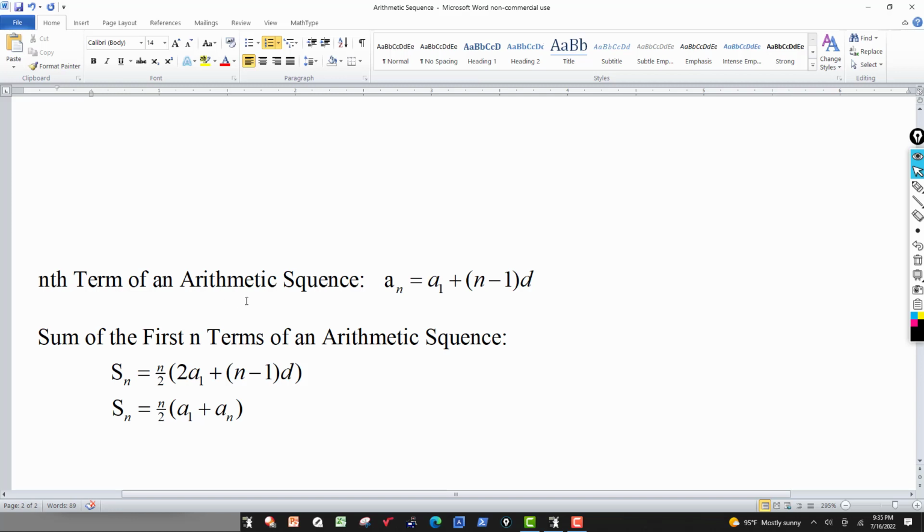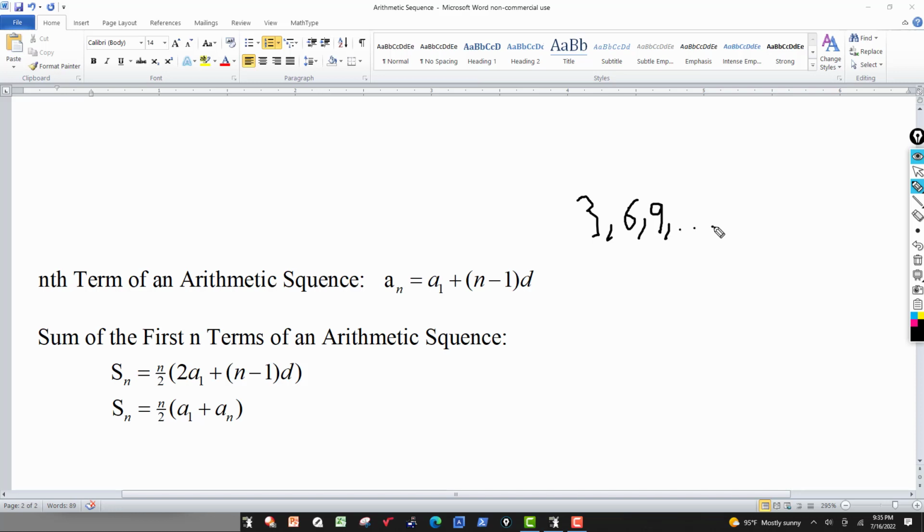The nth term of the arithmetic sequence is given by a sub n. A1 is the first term. D is the common difference. So I look at the sequence, say 3, 6, 9, and so on.